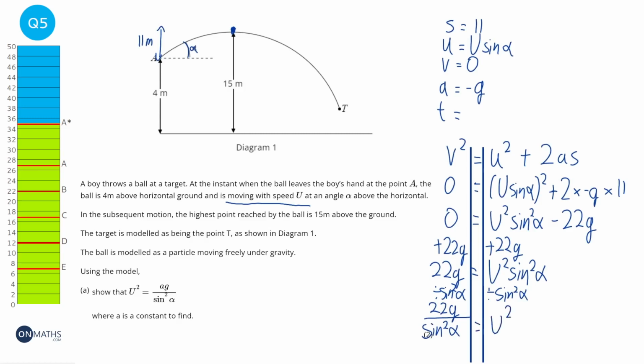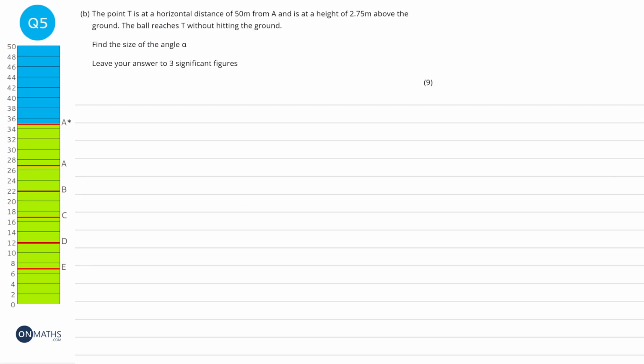And you can see that the a that we're asked to find, the a as the constant, is equal to the 22. So it would be u squared equals 22g over sine squared alpha. So there's quite a few parts to this question.